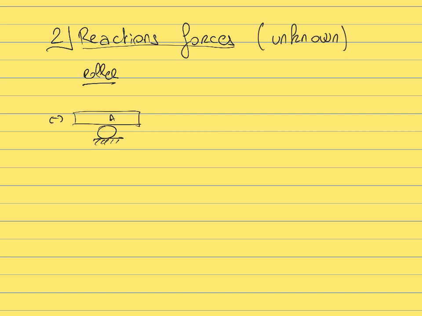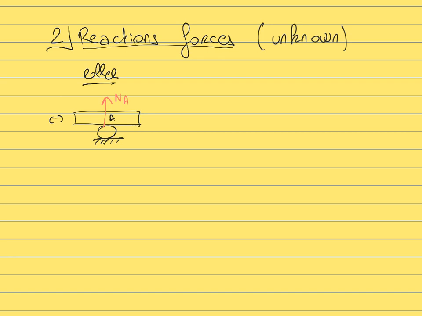The way to prevent this motion is to apply a reaction force. So the roller is going to apply a vertical reaction force, which we can write N_A. It's a normal force, a force that is normal to the point of contact at which the force is applied.